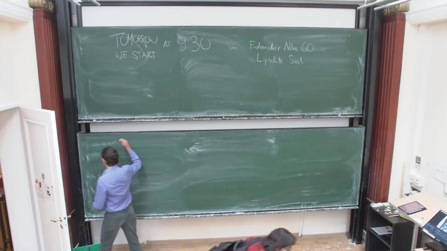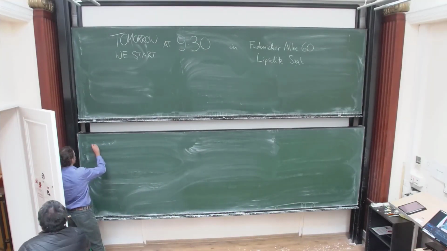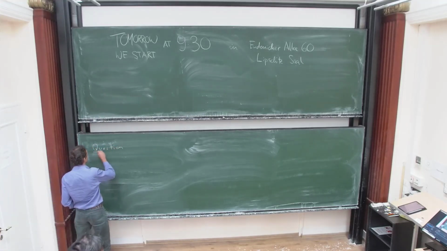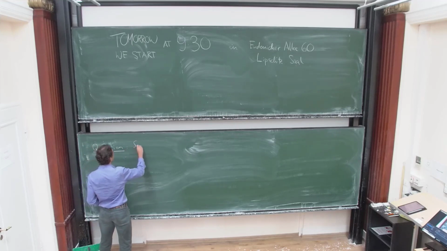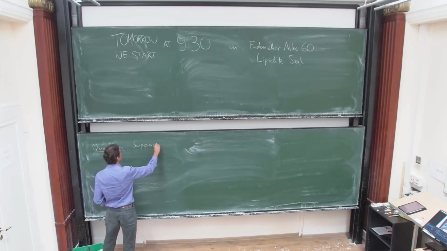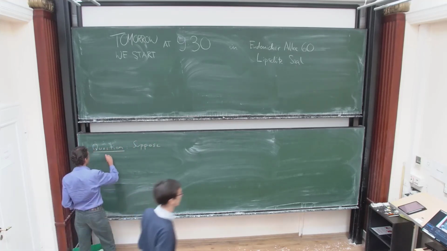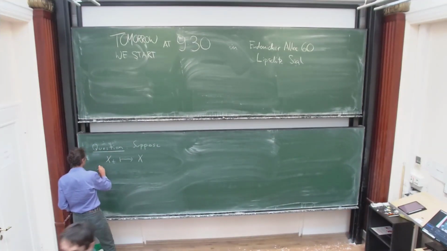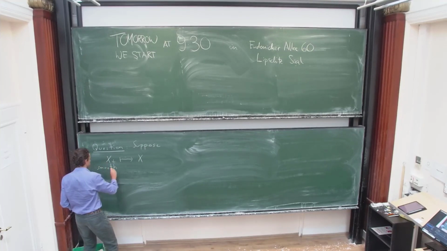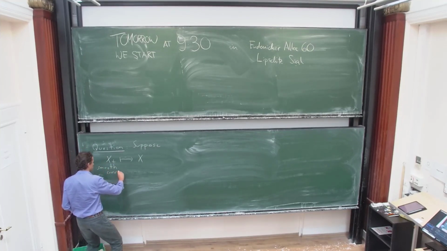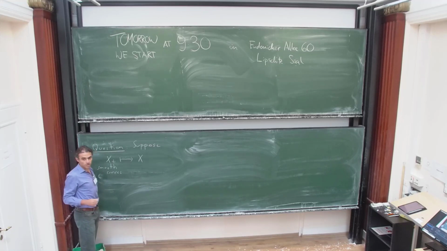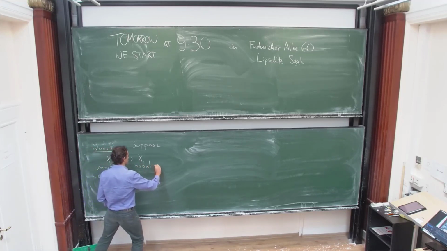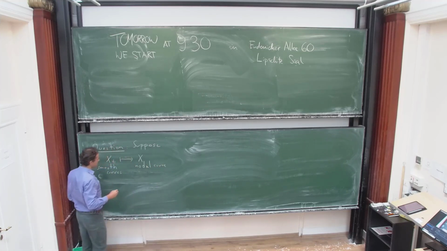So the question I want to address today is the following. Suppose you have a family of smooth projective connected curves degenerating to a nodal curve, always projective and connected.